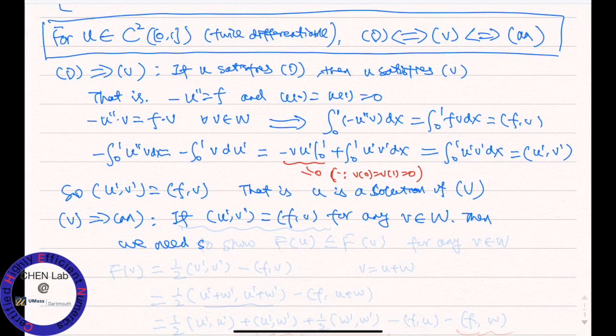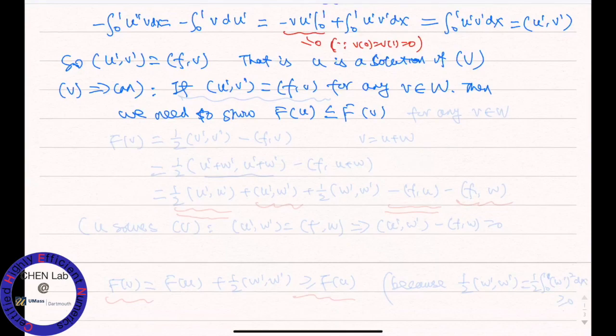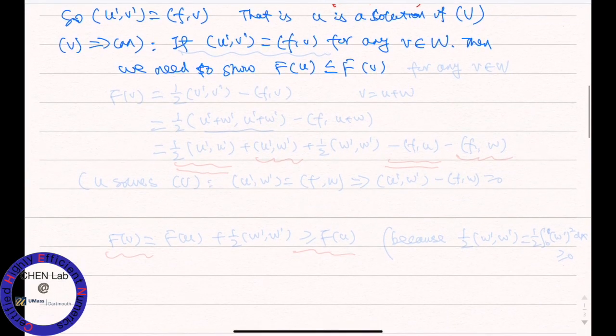We need to show that if you plug u into the functional F, it is a minimizer of this functional. So the solution to V, if you plug it into the F functional, will be less than or equal to the F value for any other v in W. That's essentially the problem M statement.